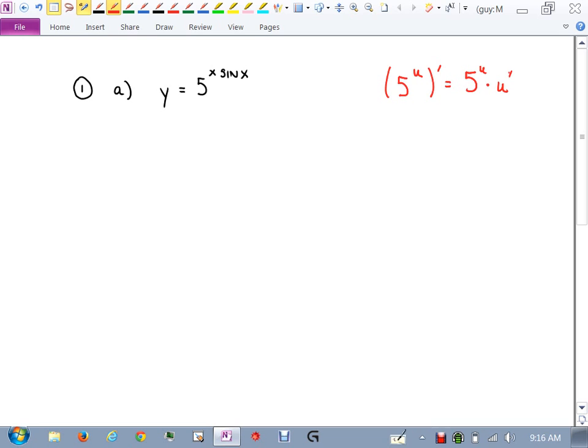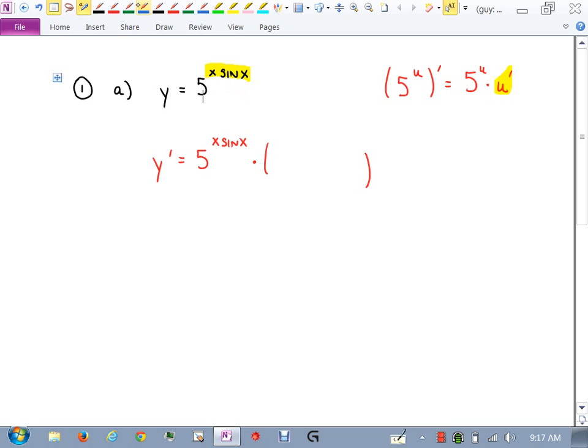And that's where the product rule is going to come from. So its derivative will be 5 to the u, which in this case is the x sine x, but then I need to multiply that times u prime, which is the derivative of that x sine x.